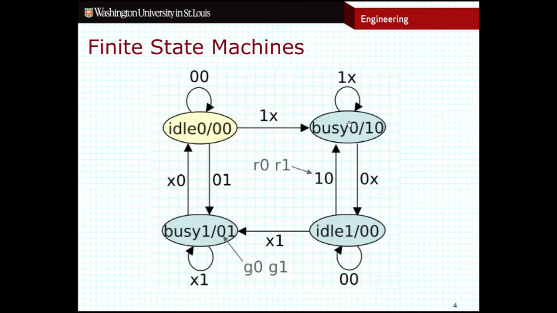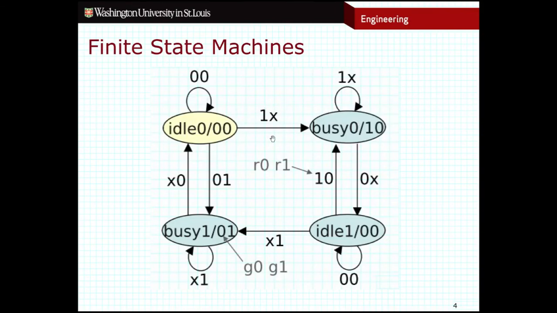We are going to give the result to process 0. So that's how we're breaking ties, right? If we see that both request access at the same time, I'm going to give access to the process that has least recently used this resource that we are trying to control, right?